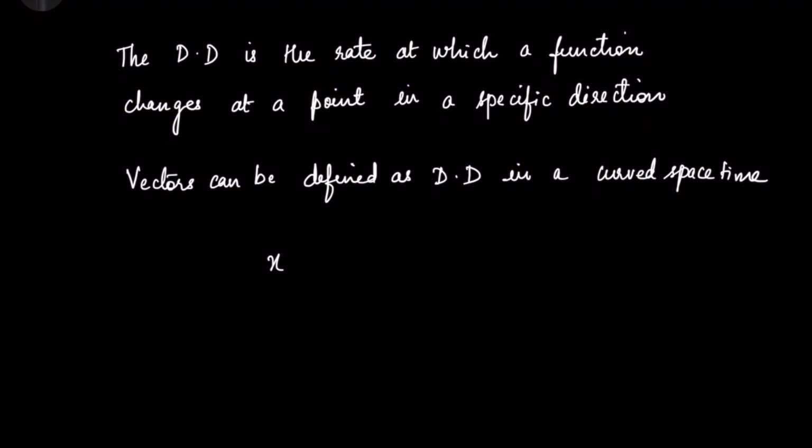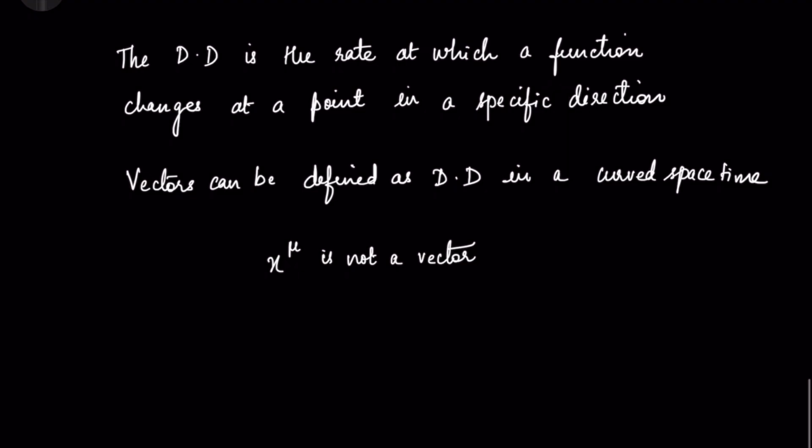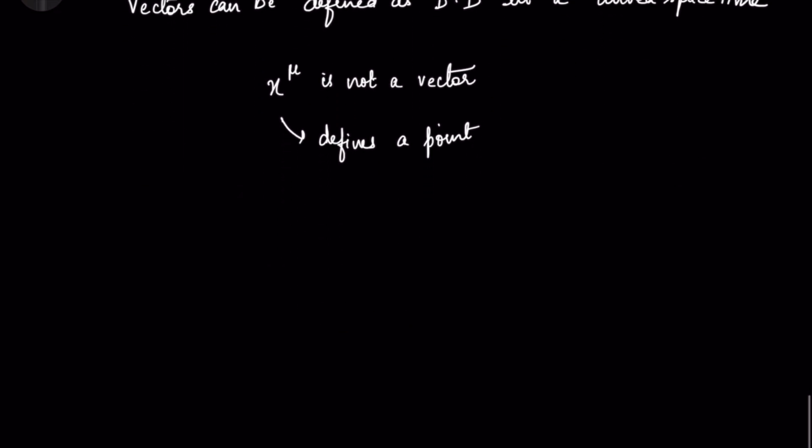Therefore, in a curved space-time, x mu is not a vector. You have to be very careful, because in Minkowski space-time, in general, we write x mu as the 4-vector. But here in the curved space-time, x mu is not a vector. X mu actually defines a point. In a coordinate system, when you have x, y, z, you define a point using the coordinates: some point on the x-axis, some point on the y-axis, and some point on the z-axis.